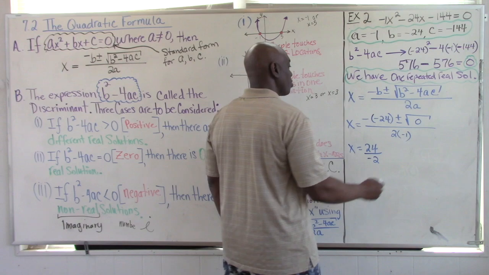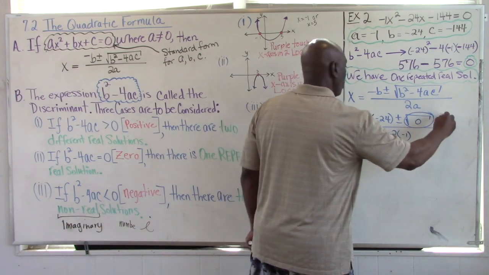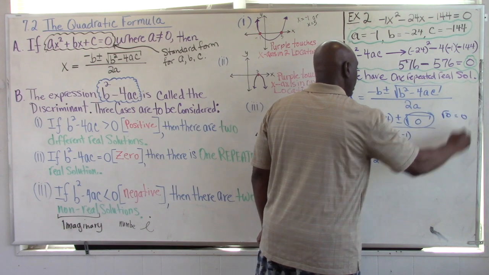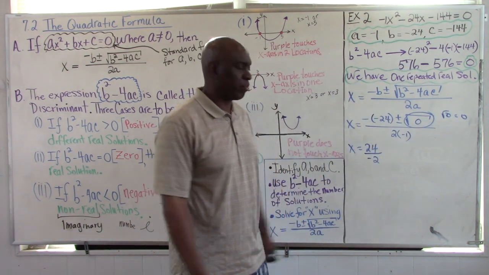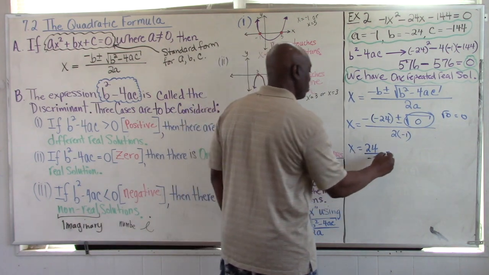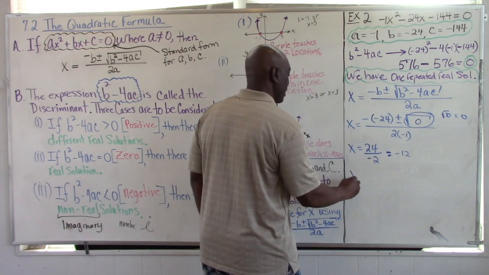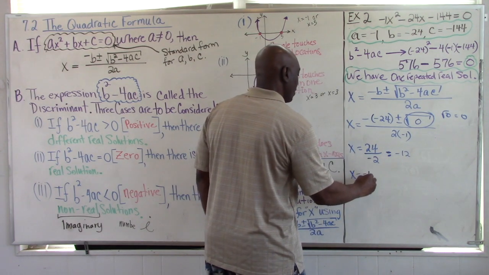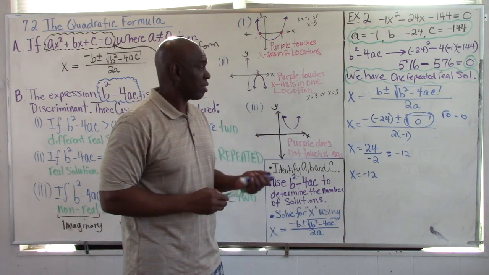Bear in mind, I don't have to write the plus or minus 0, because the square root of 0 is just 0, and 24 plus or minus 0 is just 24. What's 24 divided by negative 2? That's going to equal negative 12. So this means that x equals negative 12. That's your answer. Congratulations. That's it.